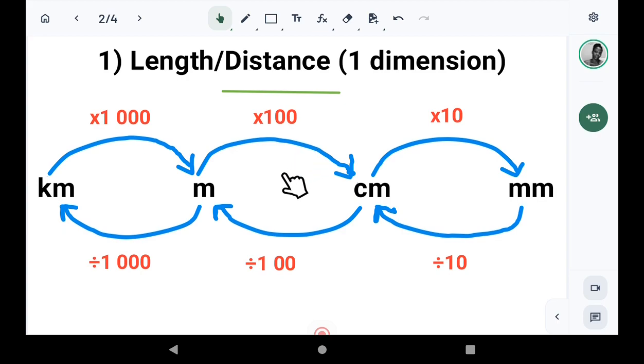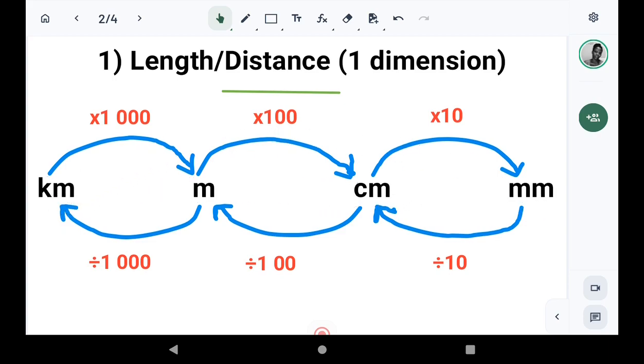So you would multiply that number of kilometers by 100,000. And if you were to convert from kilometers to millimeters, you will multiply that number of kilometers by 1 and 1, 2, 3, 4, 5, 6 zeros. And that is a million. So you would multiply by a million if you want to convert from kilometers to millimeters.